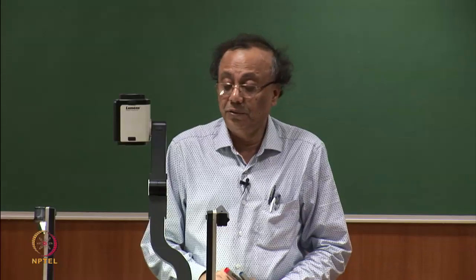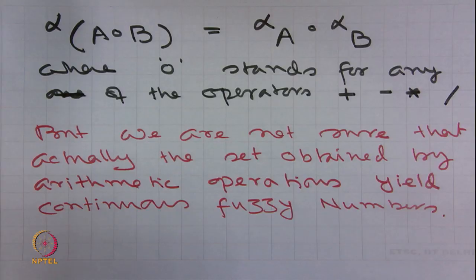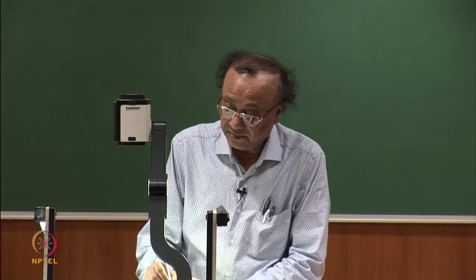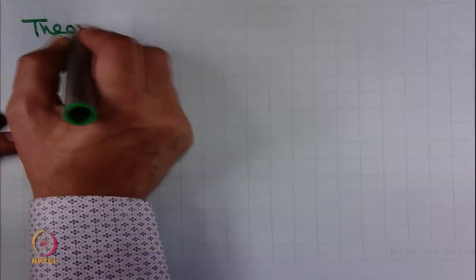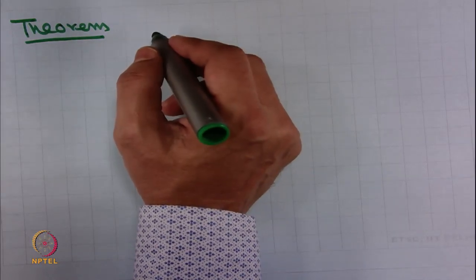We have sort of assumed that when we are operating between two alpha cuts, that will indeed generate the alpha cut of the final result. So, the following theorem establishes that fact where we have used extension principle.